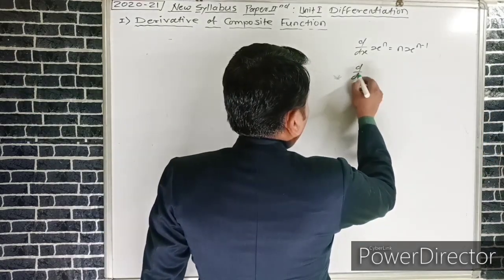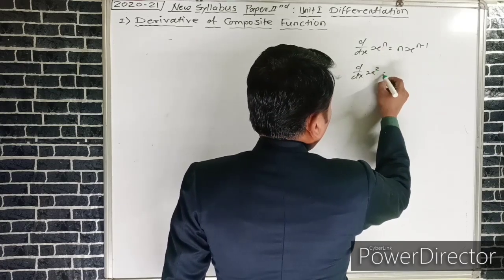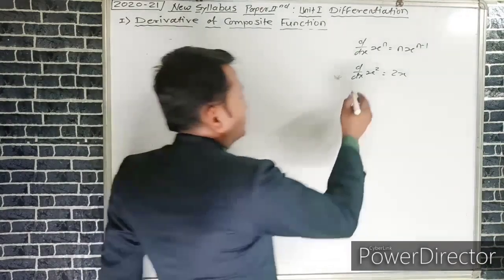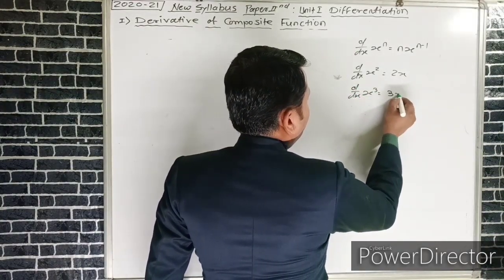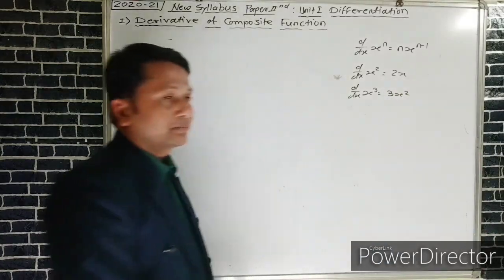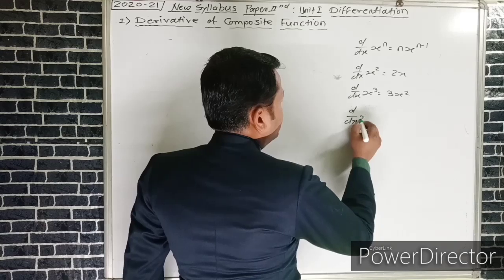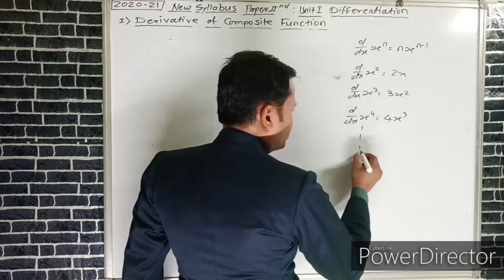Then the derivative of x raised to the power 2 is 2x, the derivative of x cube is 3x square, again the derivative of x raised to the power 4 is equal to 4x cube, and so on.